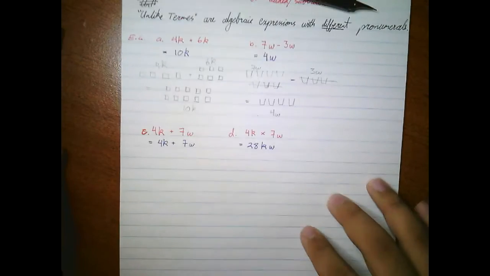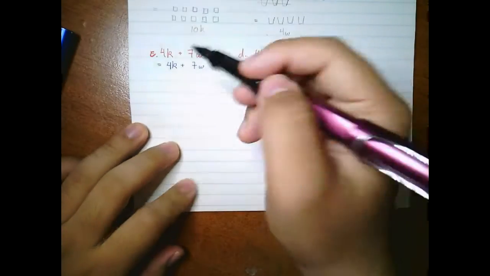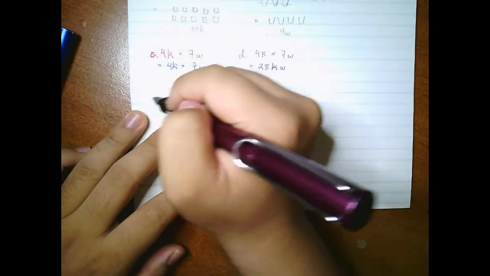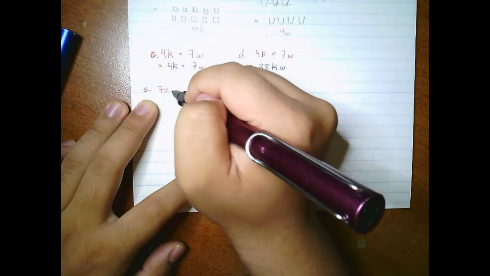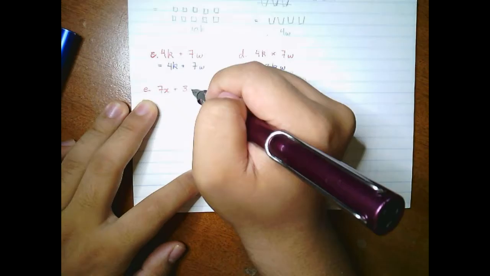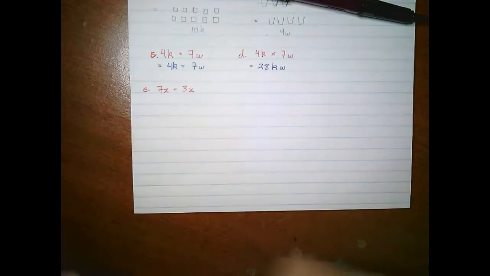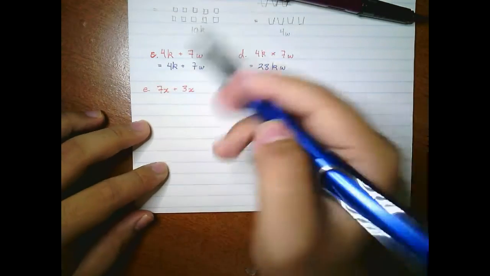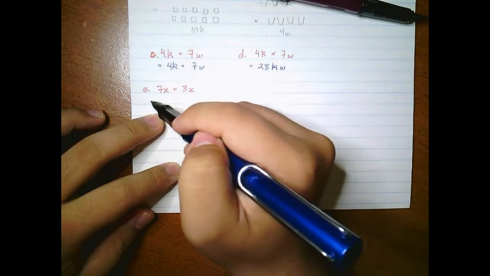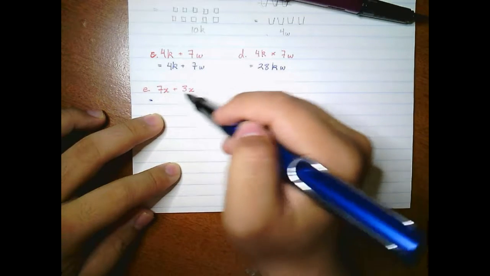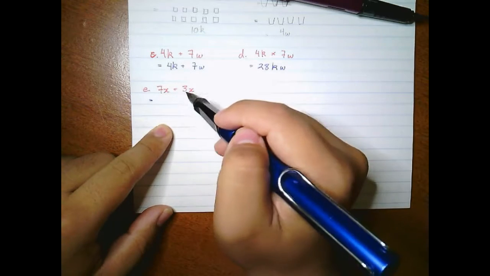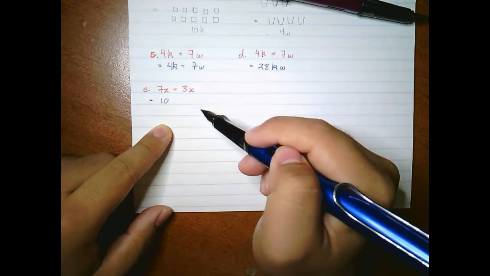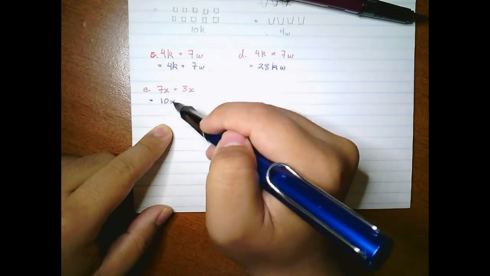We'll do a few more examples so you get the hang of things. Question E is 7x plus 3x. This is 7 lots of something plus 3 lots of the same thing, so these are like terms. 7 plus 3 is 10, and the letter must remain.